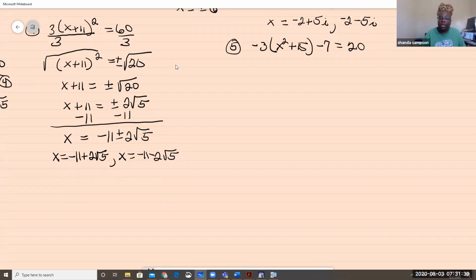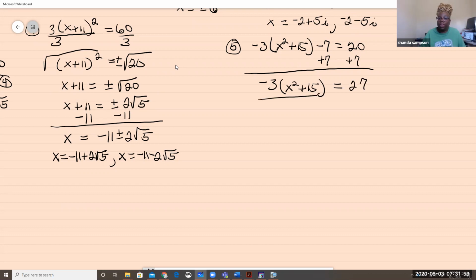What you're going to do, you're going to add 7 to both sides, because that's what you move first. You're left with negative 3 x squared plus 15 is equal to 27. Now you're going to divide by -3, divide by -3.